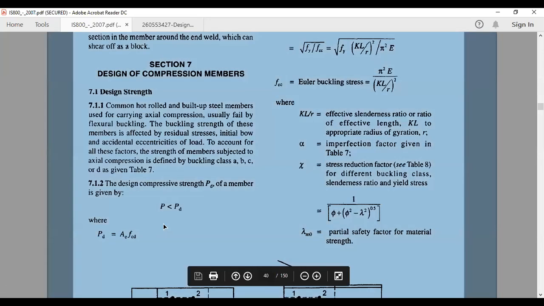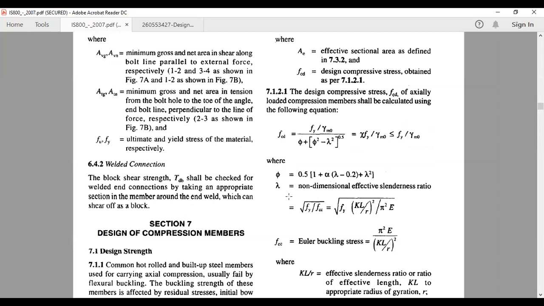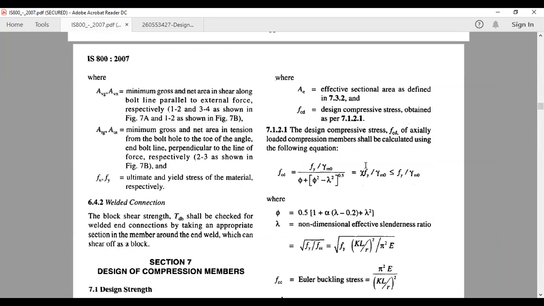We'll make sure that we satisfy this criterion, that is, the force in any member under compression is less than its design strength PD. So calculating FCD is the question over here. You have the expression for calculating FCD. This stress reduction factor can be used, or else you can determine this lambda and phi and directly use them for obtaining FCD.